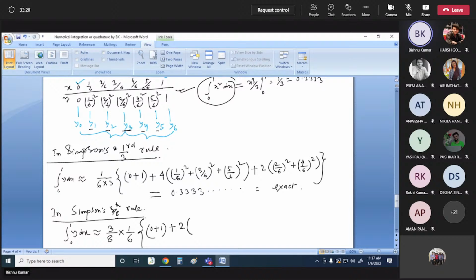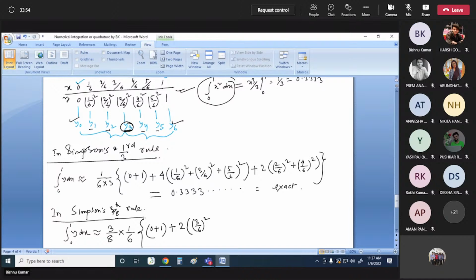No. The first and last values are already considered. After that you consider y3, y6, y9 in the formula, but y6 is the last one and already considered. So only one point is there in between that is a multiple of 3.